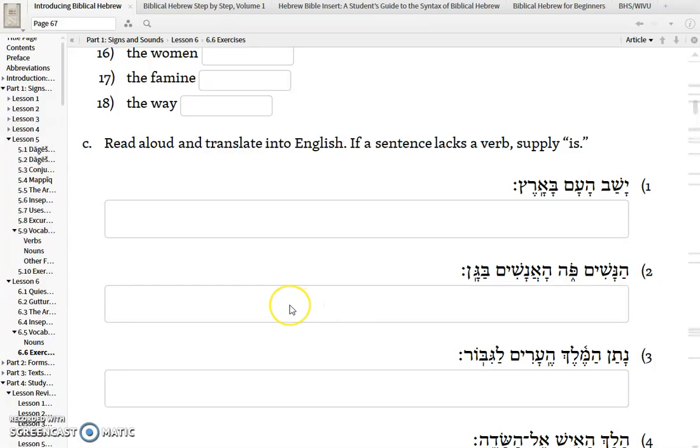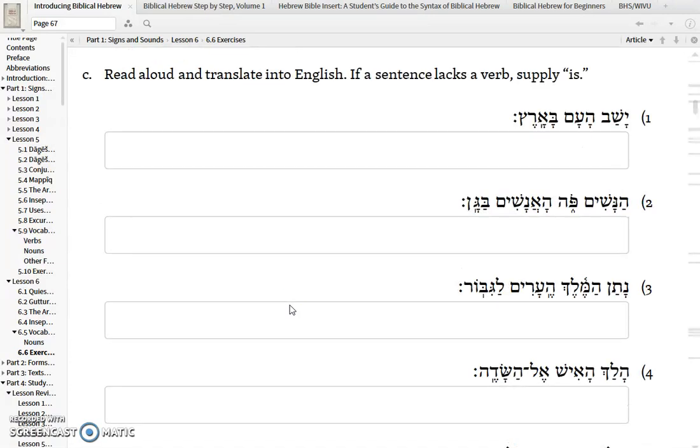And then he asks you to read aloud and translate into English. Again, it's always good to read things aloud. So, Yashav ha'am ba'aretz. Yashav is here it dwelt, or dwelled. And ha'am happens to be the subject. So that's the people dwelled.